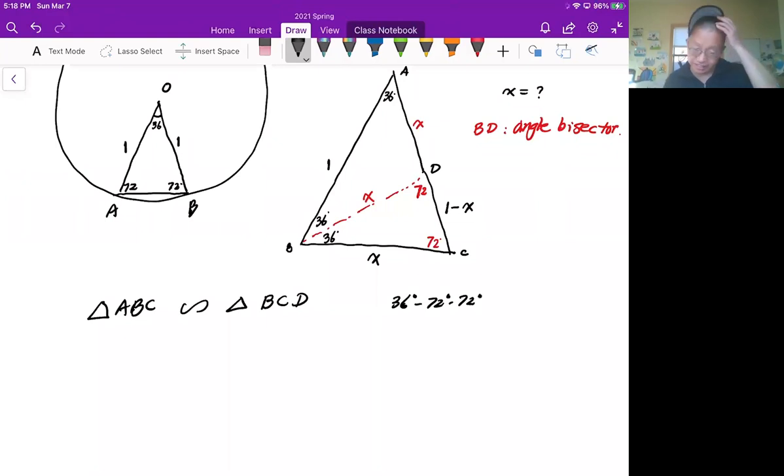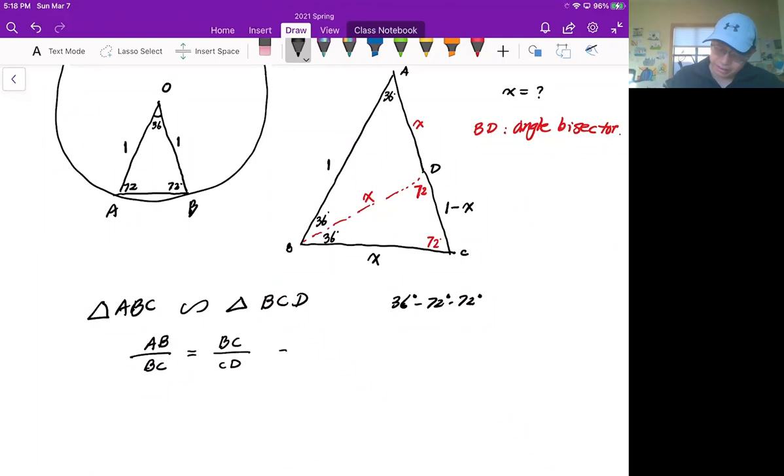So if that's the case, can you set up the equation? Set up the equation, and you can solve for the x value. Okay, let's do it. I have AB over BC, and then BC over CD.